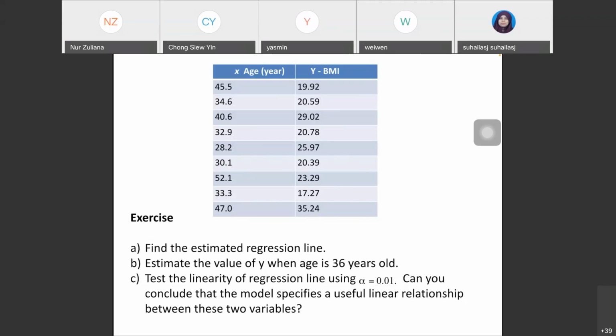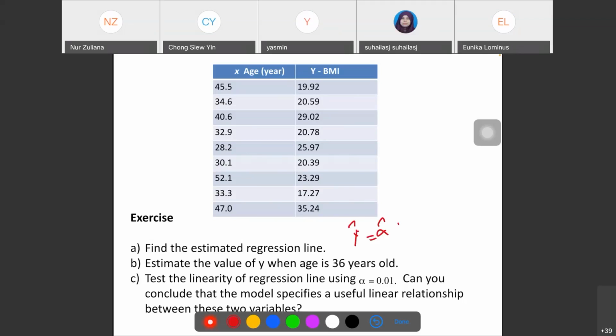Okay, done to find your alpha hat and also beta hat. Okay, and then based on your parameter estimation, alpha hat and beta hat, you also can predict a value of y, where we want to find y hat when you have a certain value of your x.